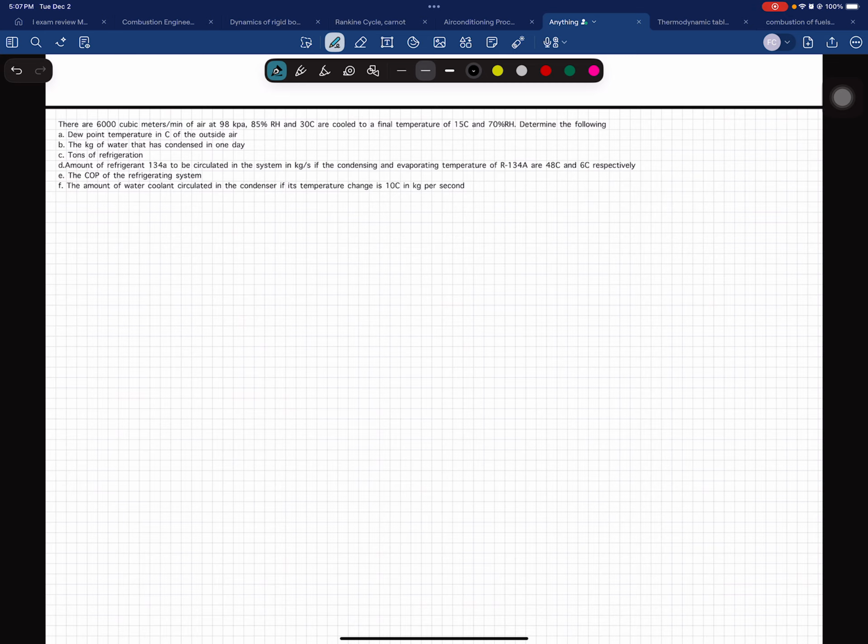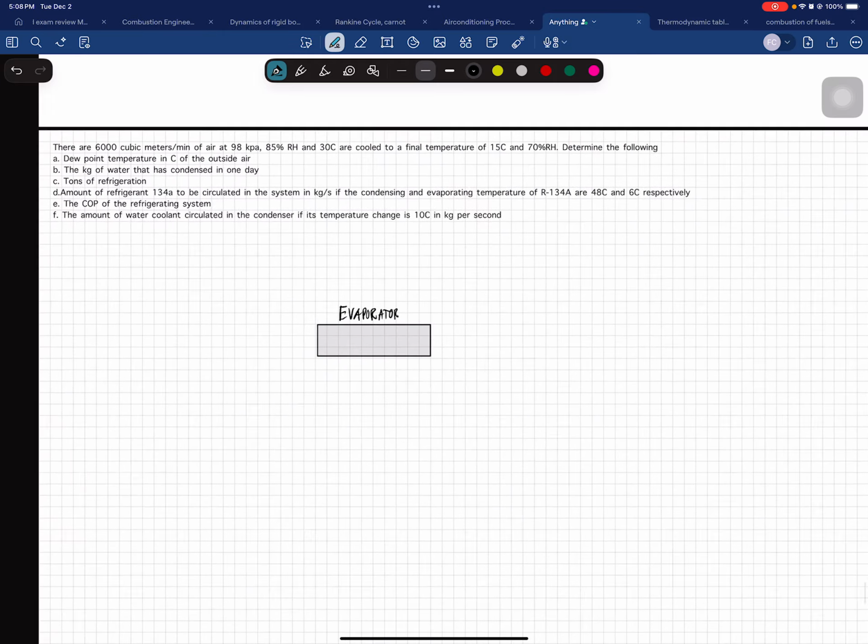Since we'll be incorporating a refrigeration system, let's make use of the refrigeration system for cooling the air. So for our first part, we draw the evaporator.